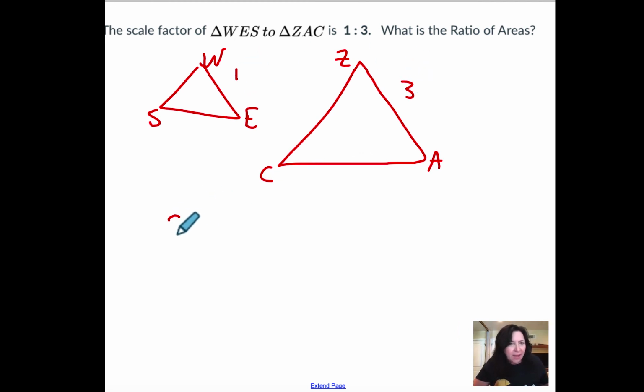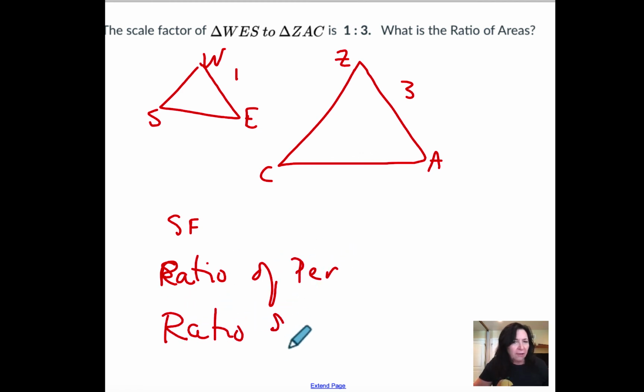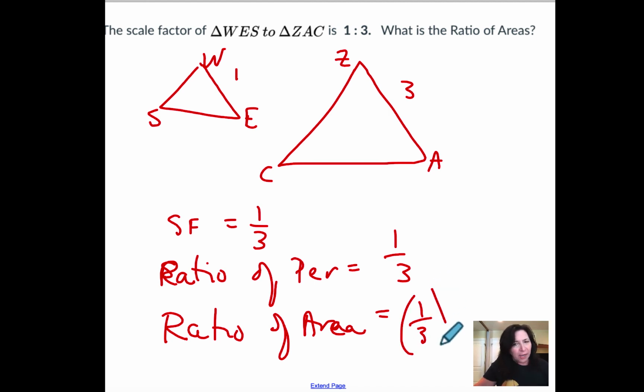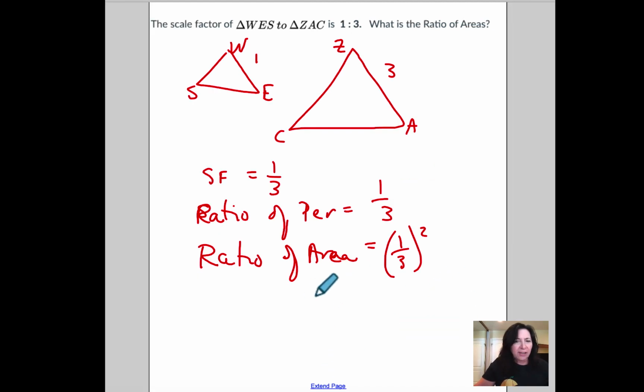So again, we've got the scale factor, we've got the ratio of perimeters, and we've got the ratio of areas that you should all know. The scale factor is going to be 1 to 3. They gave us that. My ratio of perimeters is 1 to 3, and the ratio of areas is 1 over 3 quantity squared, which gives me 1/3 times 1/3, which is 1/9.